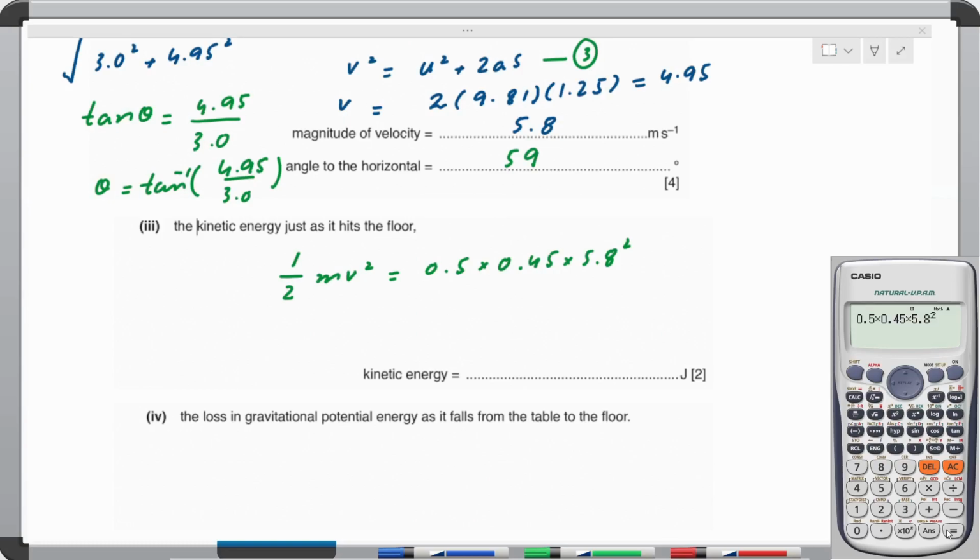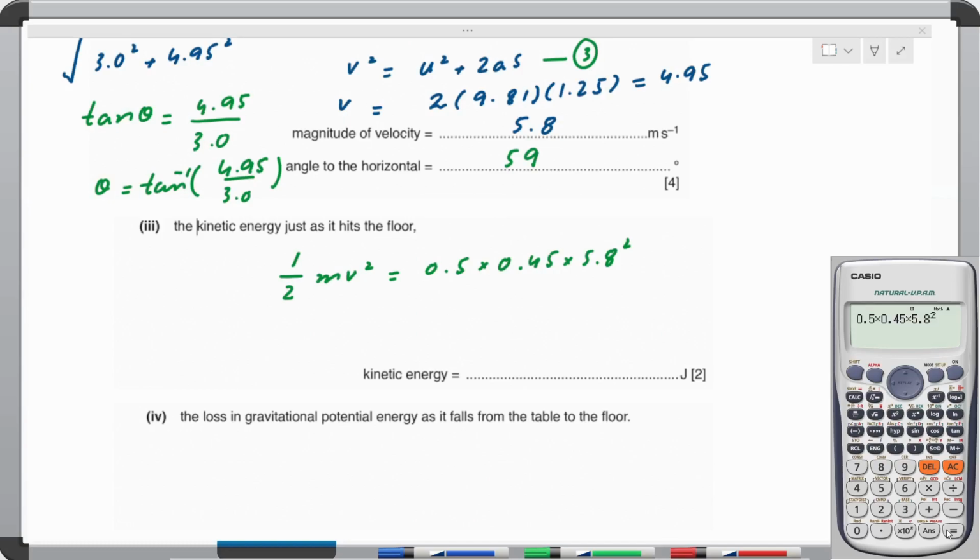So you can write it as 7.6 in 2 SF. So let's check out the next one.